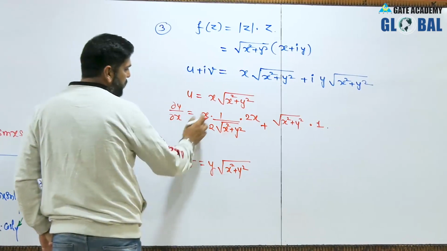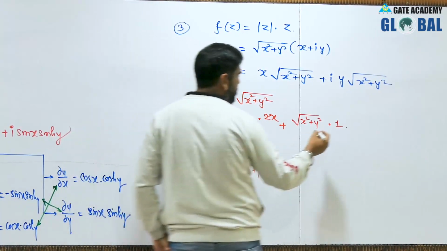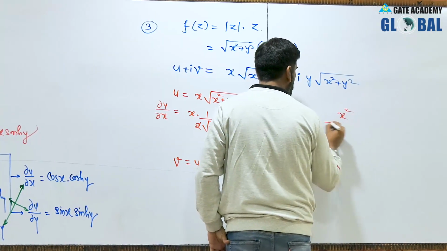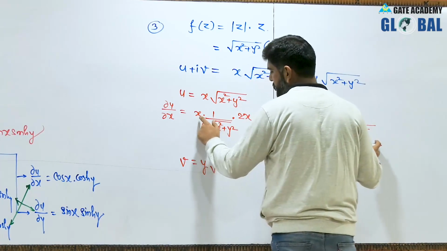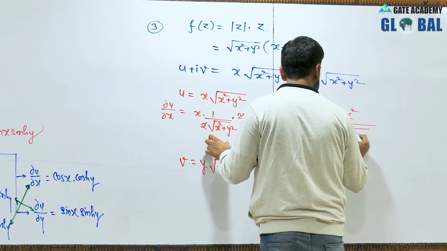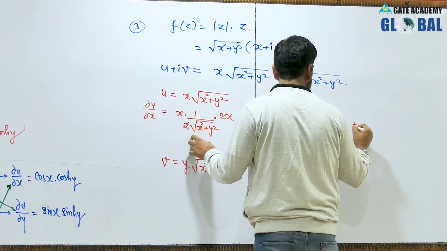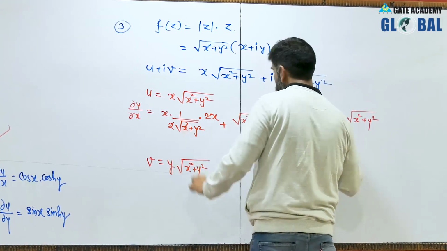Now here you can see 2 and 2 cancel out. What I am having is exactly x square upon root over x square plus y square, and plus under root x square plus y square.